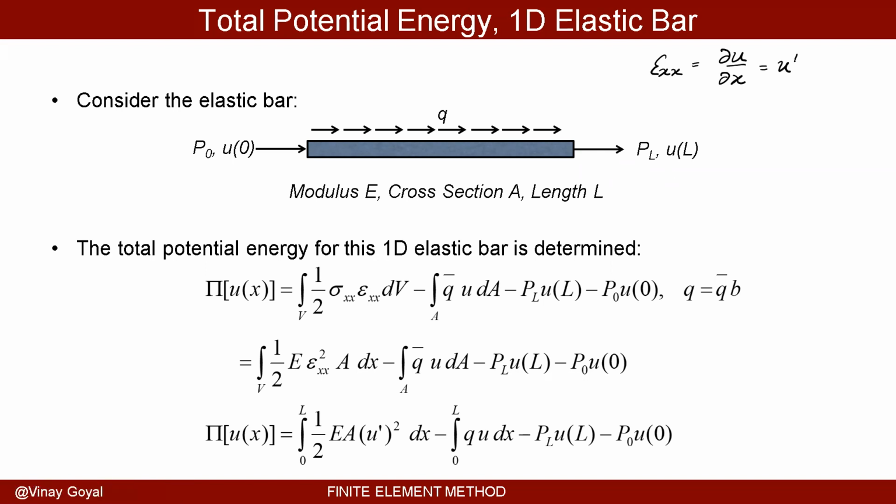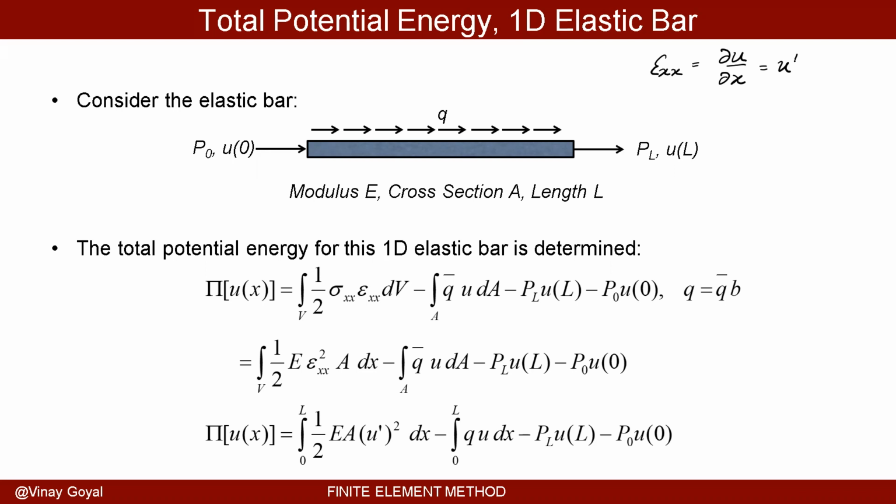And if I apply the idea of total potential energy for this 1D elastic bar, as you're seeing in this picture at the top, we don't have sigma yy, epsilon yy, sigma zz, epsilon zz, or any of the shears, because in a 1D elastic bar, we discussed how these kinds of structures can only support axial loads along the bar, like truss elements.